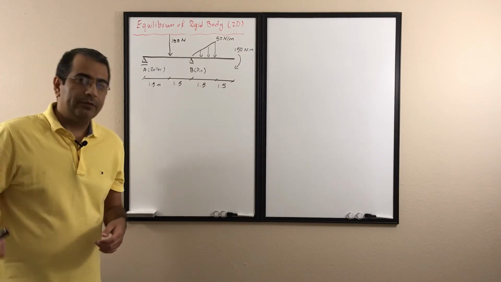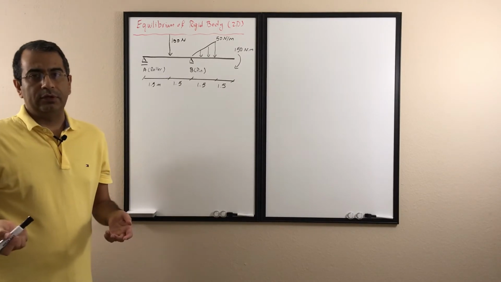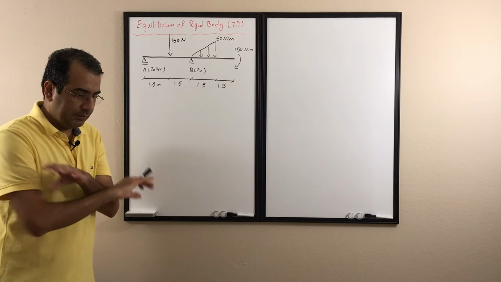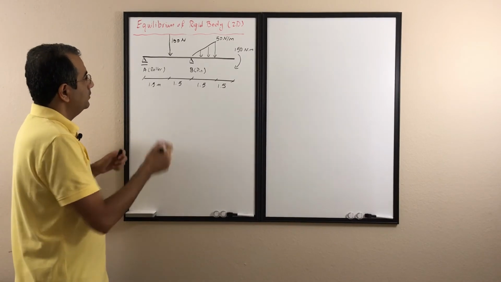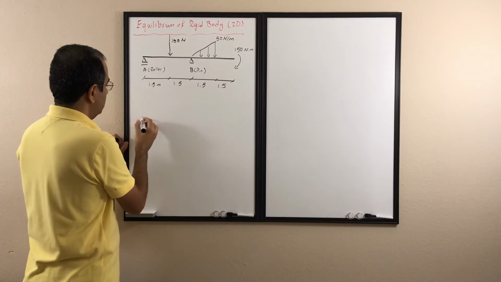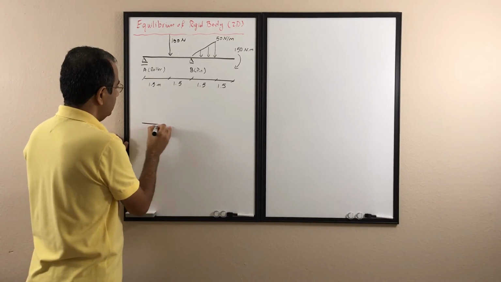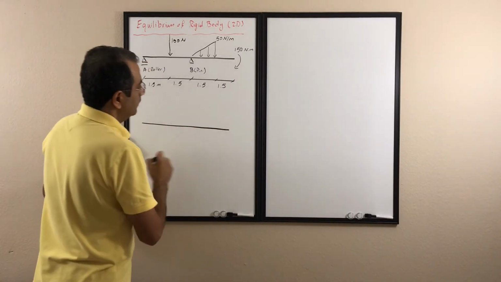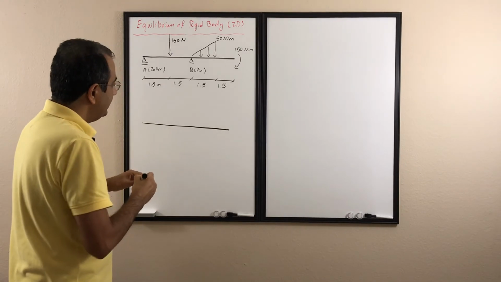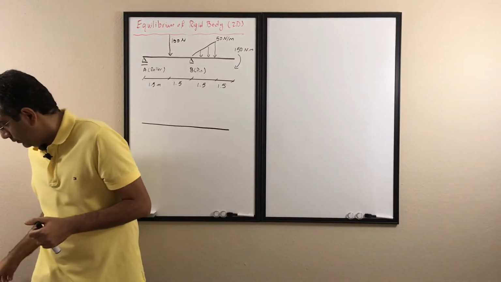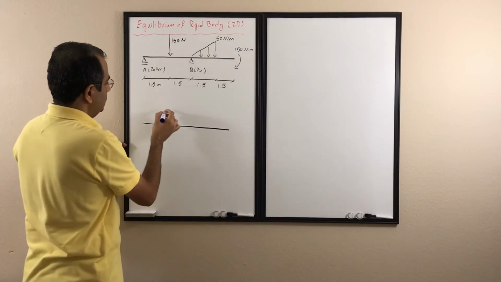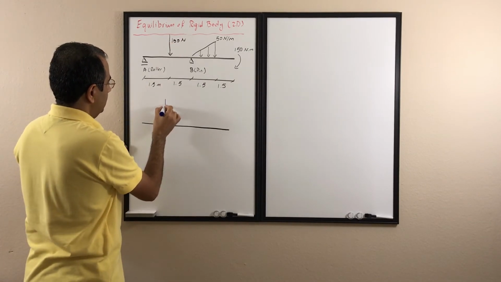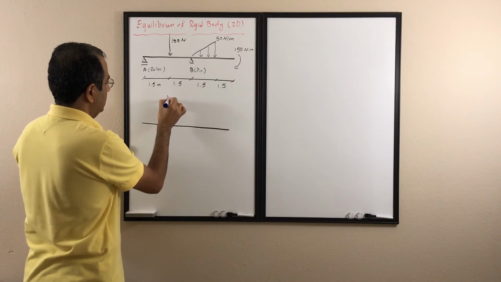So the very first step, again, draw the free body diagram. To draw the free body diagram, remove everything, disconnect it from anything, and draw the object, which is the beam here. So I'm going to just draw that beam. So that's my beam. Next, I will put all the external forces on that. The external forces I have are 100 Newton here, applied here. This is the 100 Newton.